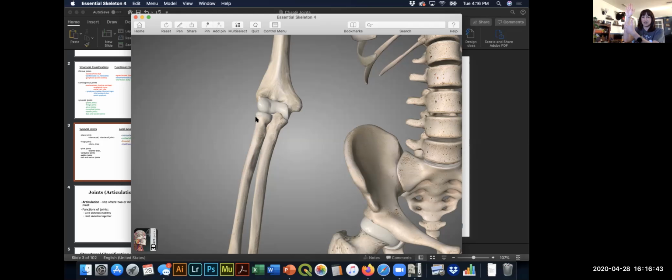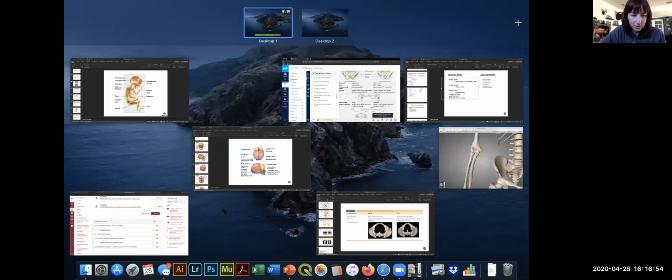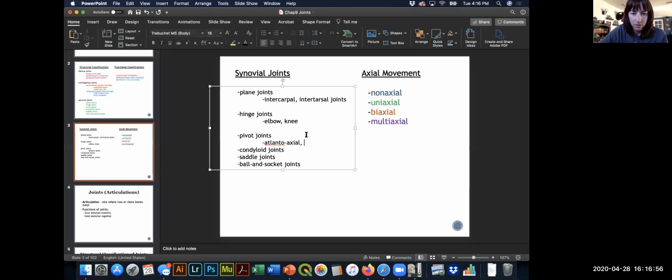Okay, so the ulna is kind of staying put a little bit, and the radius is rotating. So it's pivoting as the ulna moves around it. Okay, so the atlantoaxial and is it going to be the radio-ulnar?